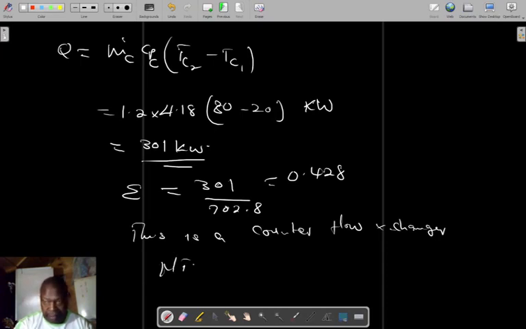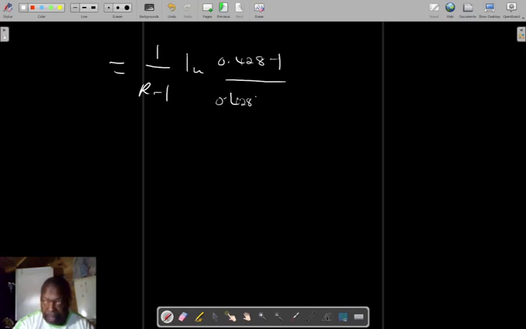So we can go ahead and calculate our NTU, which is equal to 1 over R minus 1 times ln of epsilon minus 1 divided by epsilon times R minus 1, which is 1 over R minus 1 times ln of 0.428 minus 1 over 0.428 R minus 1.